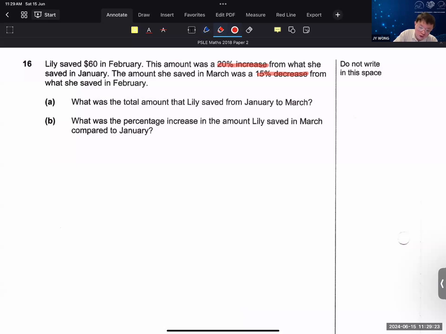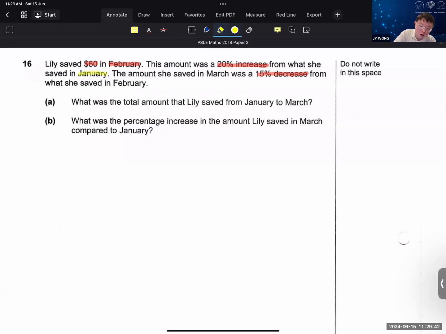You save $60 in February. And this was a 20% increase from what she saved in January. So can you tell me which is your 100%? Whatever is the earlier month is always your 100% when you're doing comparison across time for percentage.